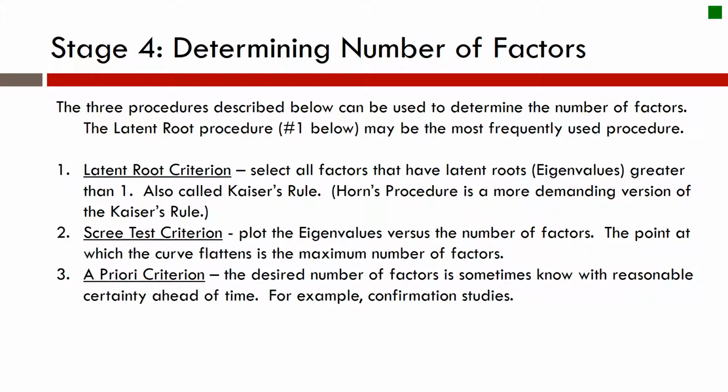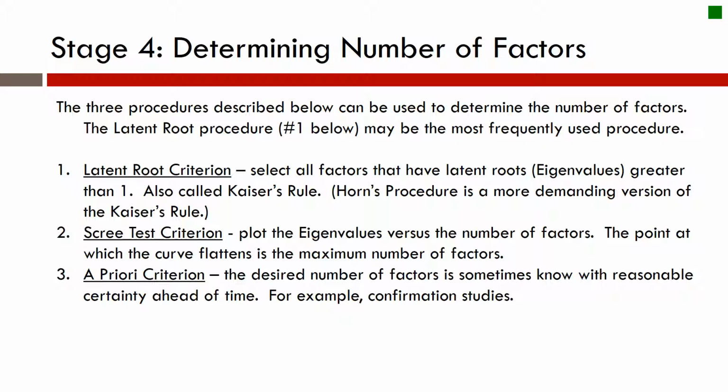The third thing that you want to look at is simply thinking about the questions you've asked and theoretically trying to determine which ones would naturally go together. So you've got all these variables and you've written out these variables. They're probably coming from a survey, and in advance you probably have an idea of which ones should go together and how many factors you should have.